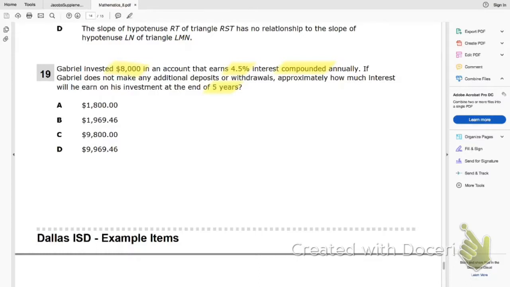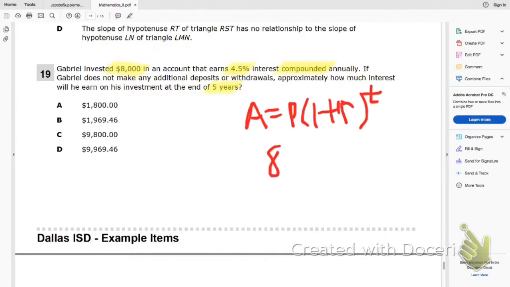Now, what we have here is the compound interest formula, which is going to be on our reference sheet as A equals P(1 + r/n)^(nt). The principal is going to be $8,000.